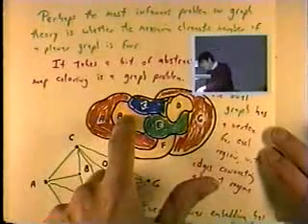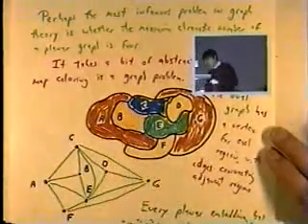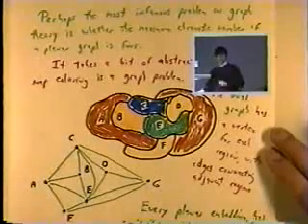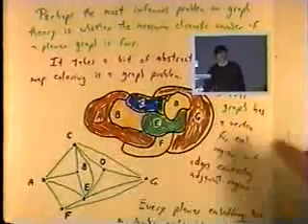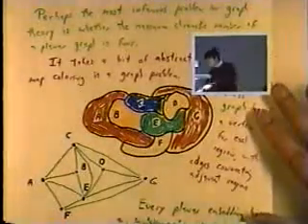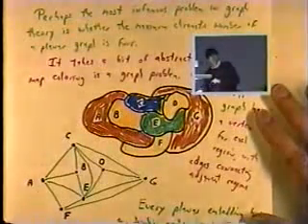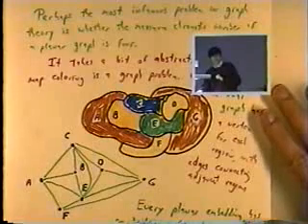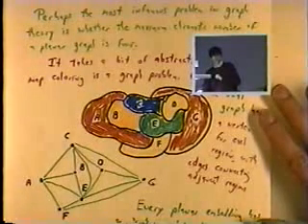Let's represent each country by a vertex, maybe the capital city of the country. Now, we're going to draw an edge between capital cities of neighboring countries.